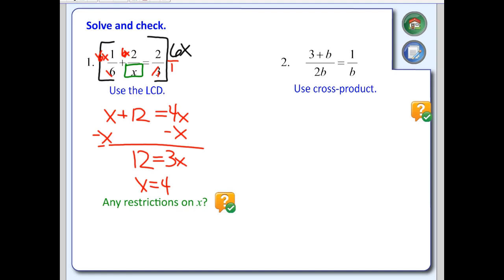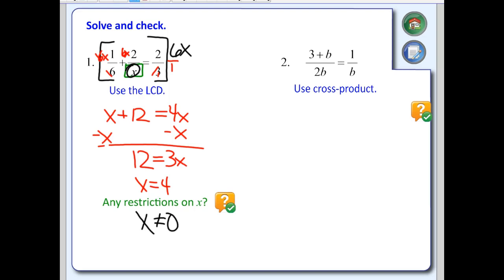That's right, we learned that the denominator cannot be 0. If the denominator's 0, then it's undefined. So when I look up there, I do have this little x all by his lonesome in the denominator. So my restriction is x cannot equal 0, because if I plug in a 0 for this x right there, then that makes it undefined.